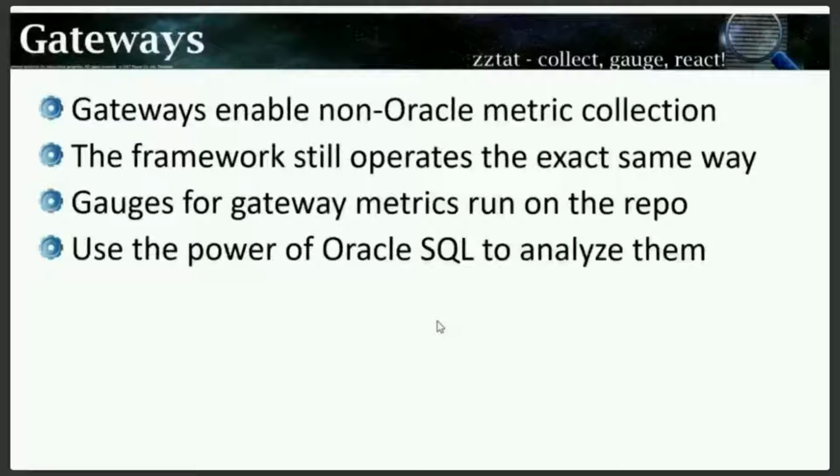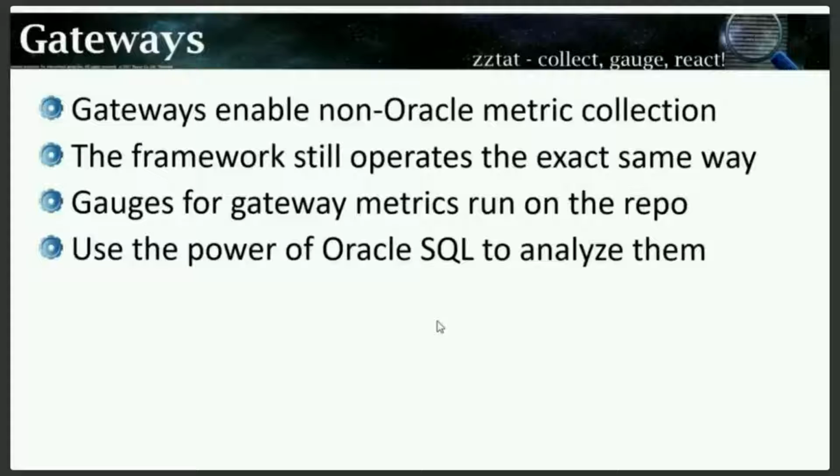And lastly, with the addition of gateways to zztat, we are now also able to process non-Oracle metric collections. So while the data source is a different one, and it's not just a metric query that runs in an Oracle database, the framework still operates in the exact same way.